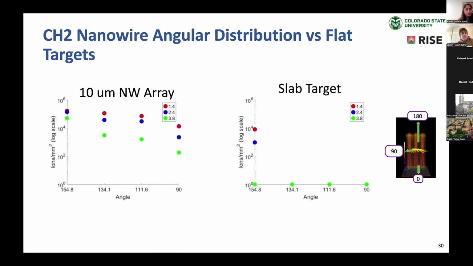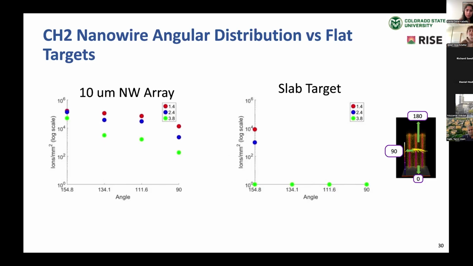We also measured the angular proton flux distribution at different energy levels for both the nanowire arrays and the flat targets, with the green corresponding to 3.8 MeV, the blue corresponding to 2.4 MeV, and the red corresponding to 1.4 MeV.